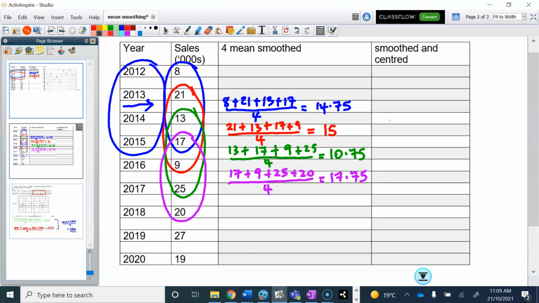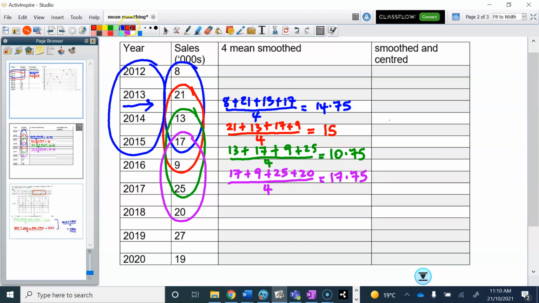So not directly on a correlating year, but in between 2 different years. If we were to calculate the mean of those 4 bits of data, you can see in the blue calculations there how I've done that: 8 plus 21 plus 13 plus 17 divided by 4, but it doesn't actually correspond with a particular year. It falls in between 2 years.